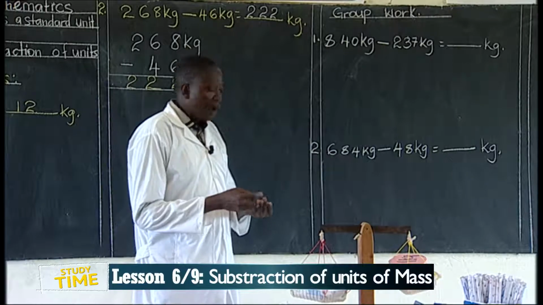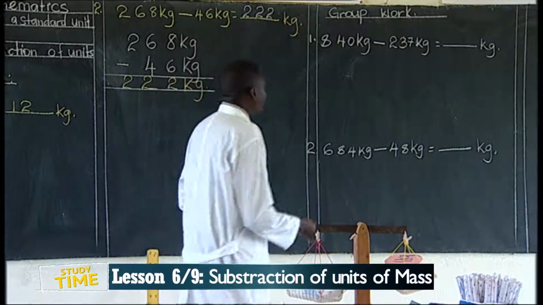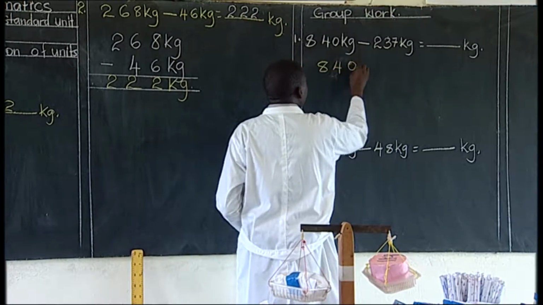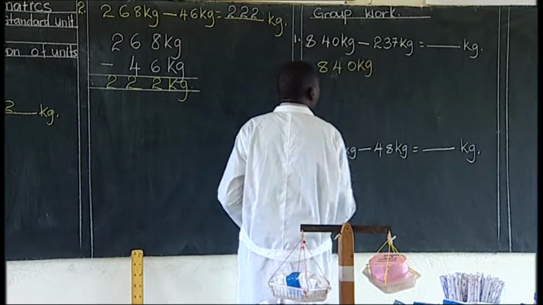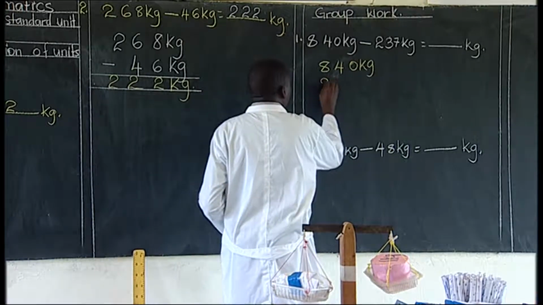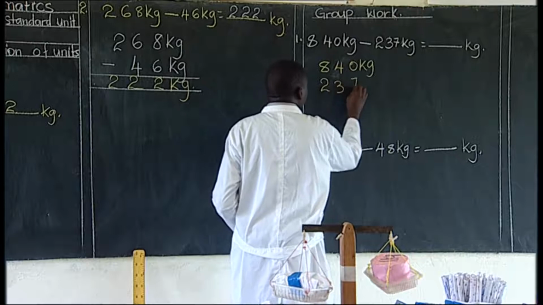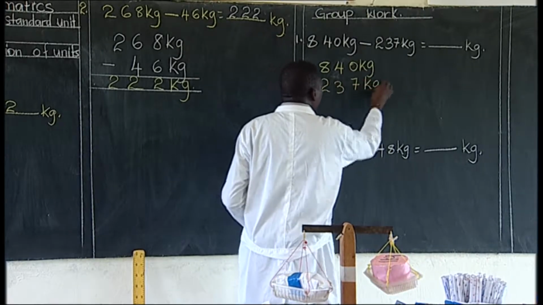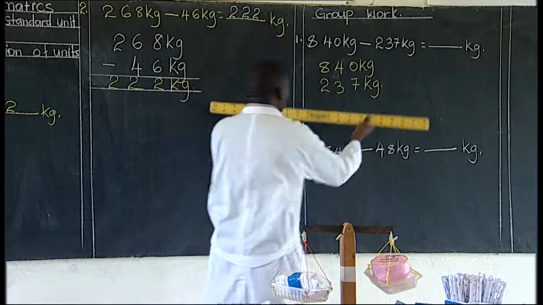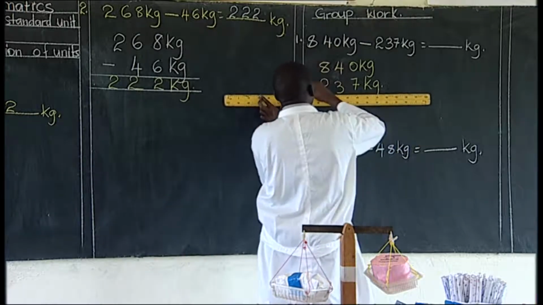Now, let's look at the number. We are going to arrange our numbers. So, we shall say 840 kilograms. Take away 237 kilograms. Okay? Using our ruler, we shall put the lines here.